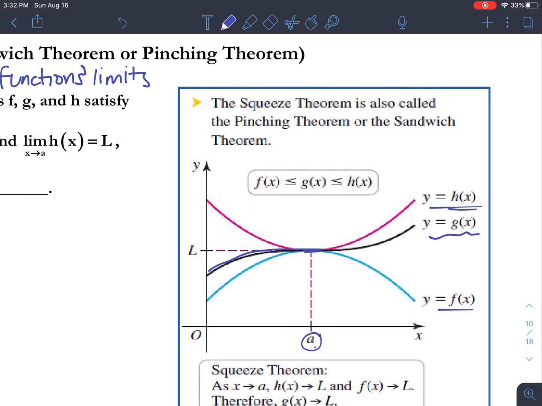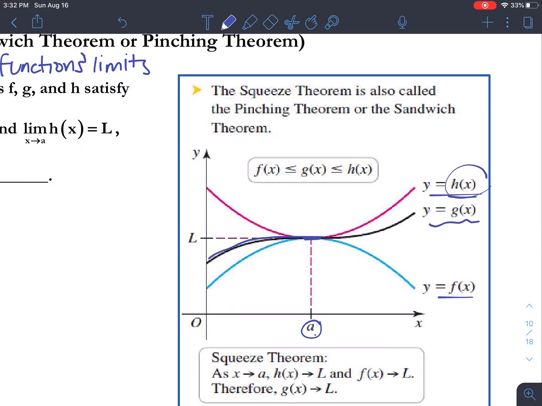And we hope that for this problem, h of x and f of x are things we can easily find the limit for, because g of x is that in-between function that maybe is difficult to find the limit of.